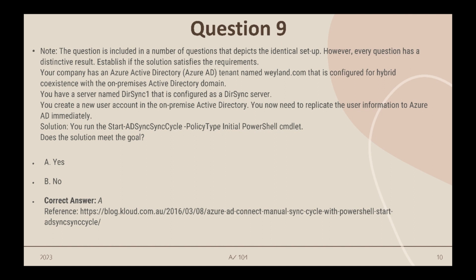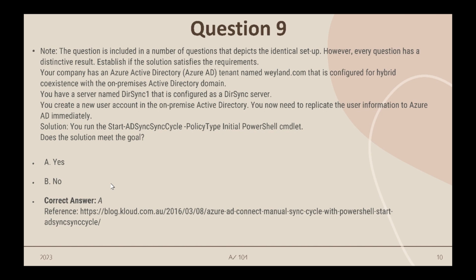The PowerShell cmdlet Start-ADSyncSyncCycle -PolicyType Initial initiates a synchronization cycle for the initial synchronization. This will replicate the newly created user account and its information from the on-premises Active Directory to Azure AD. Therefore, the correct answer to this question is A. Yes, running the Start-ADSyncSyncCycle -PolicyType Initial cmdlet does meet the goal of replicating the user information to Azure AD immediately. So, the answer is yes.